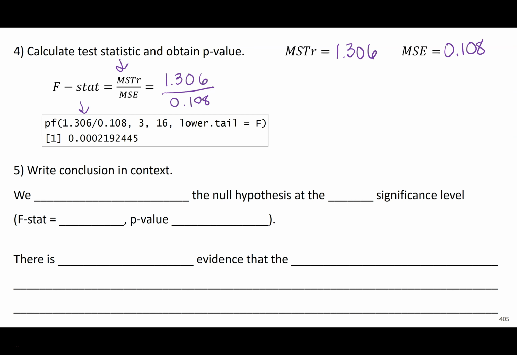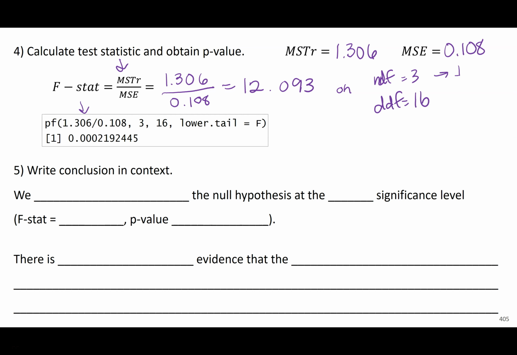I don't have this written here, 12.093. So I have an F statistic of 12.093 on numerator degrees of freedom of 3, denominator degrees of freedom 16.